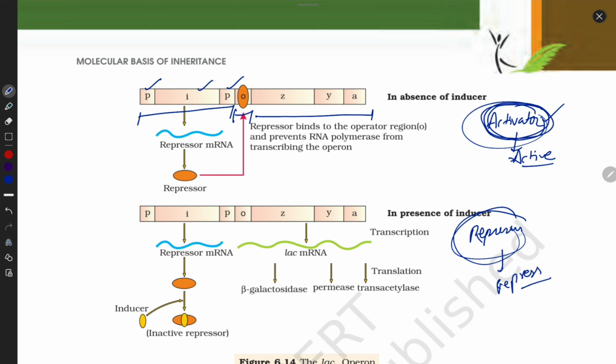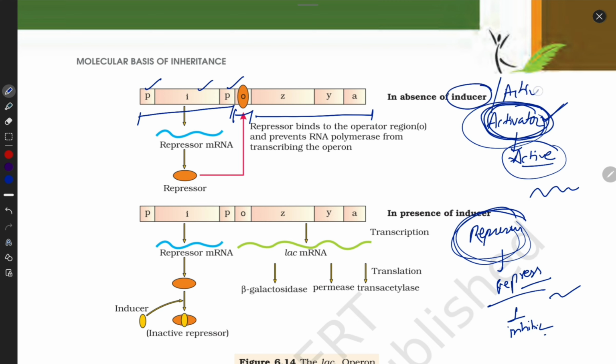If I say something works as an activator, it means it starts transcription. If I use the term repressor, it means it stops or inhibits, so nothing is synthesized. In the absence of inducer, you can also call it an activator.